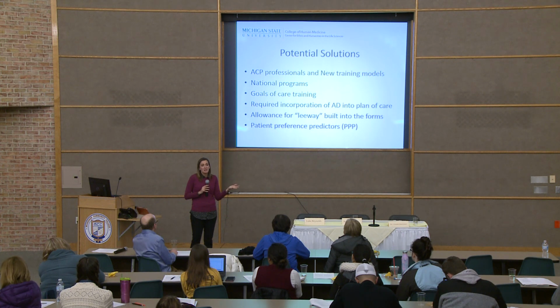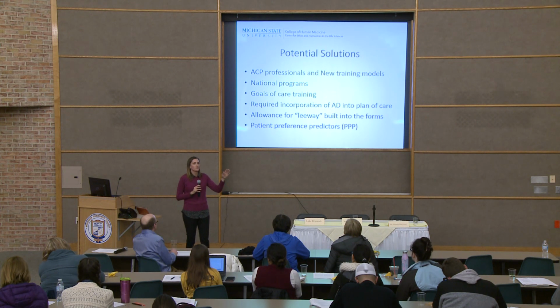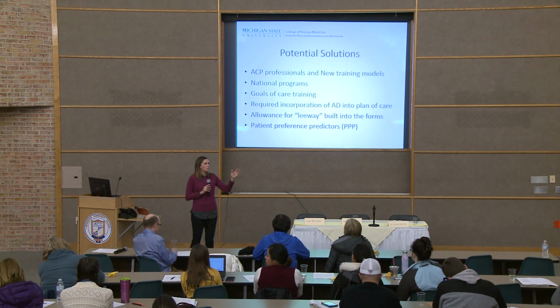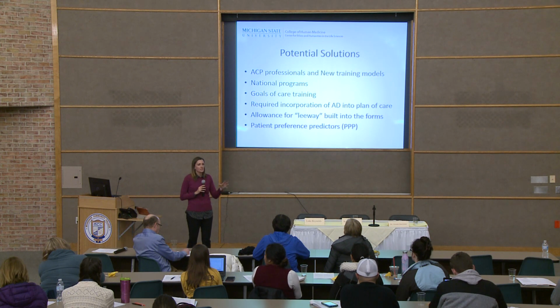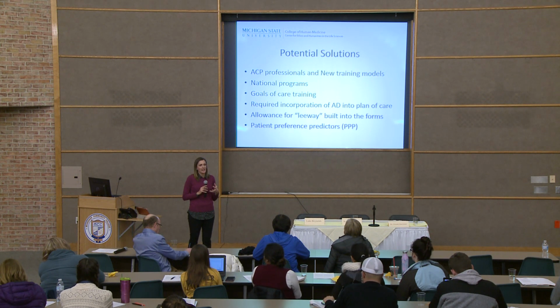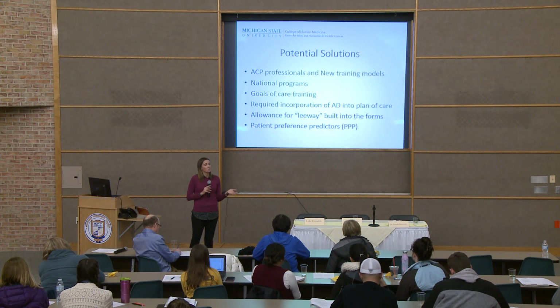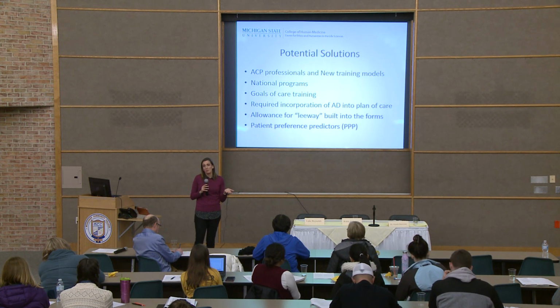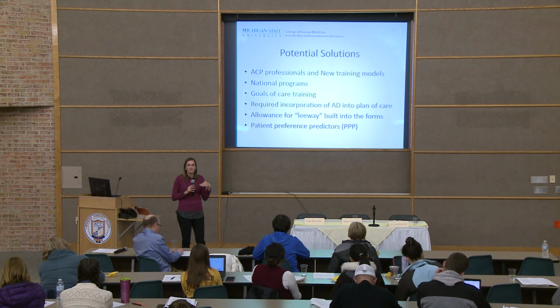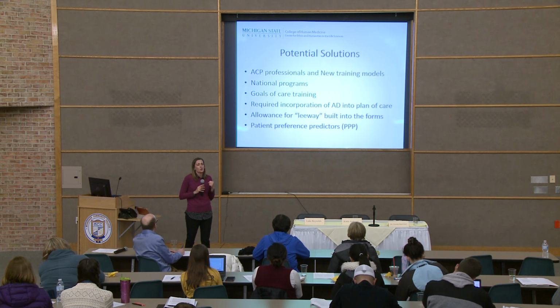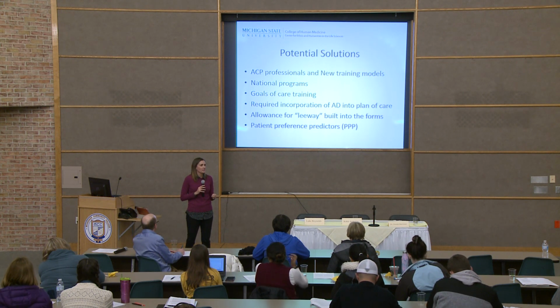So if you have no idea what your father would want, we might have some evidence about what people like him would want, people who say that family is the most important thing to them, people who have a particular religious faith. If we can collect all that data, we might have some evidence about what other people like that patient would have wanted, and that might be helpful, given how few people continue to fill out advance directives, even though we've put billions of dollars into promoting them.